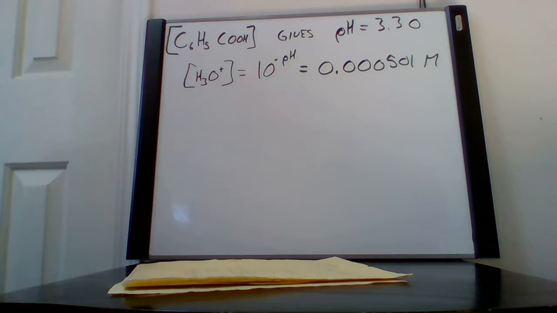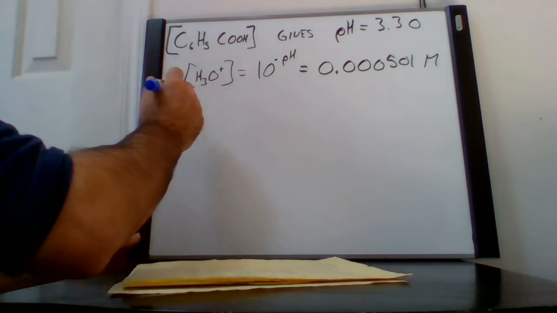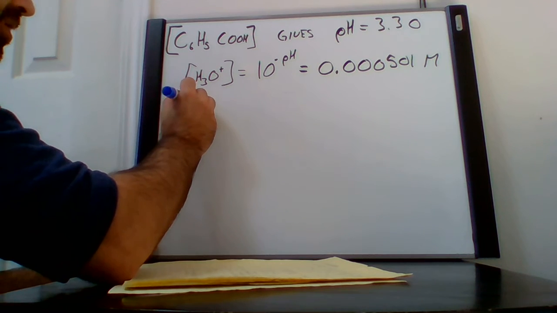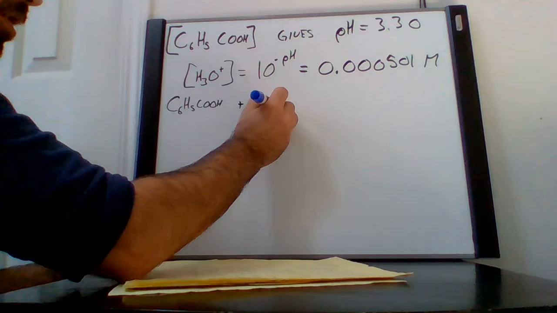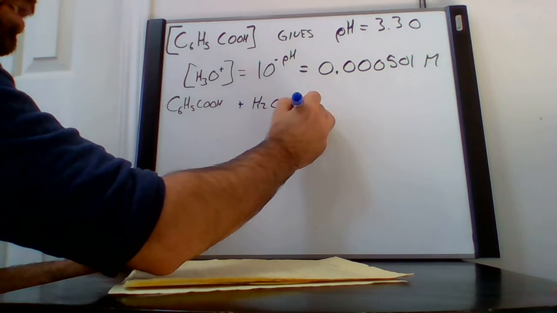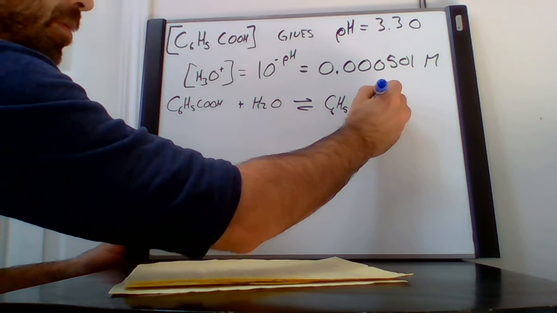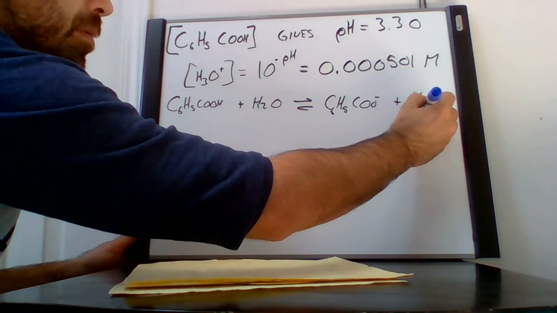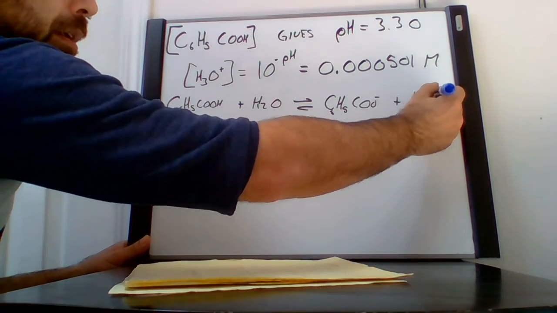We also need to take a look at our ICE chart once again. And so in order to do that, we have our C6H5COOH plus water in equilibrium with those two products.